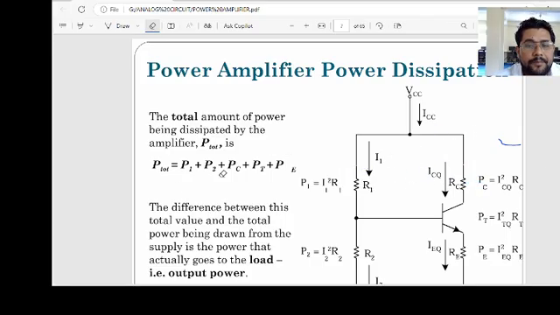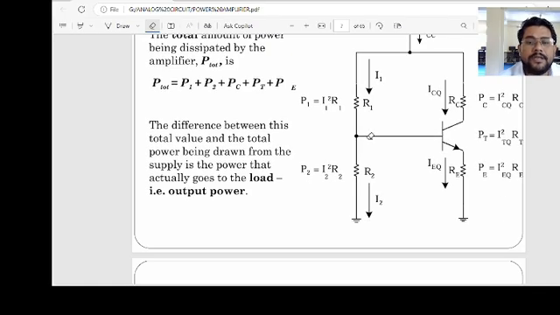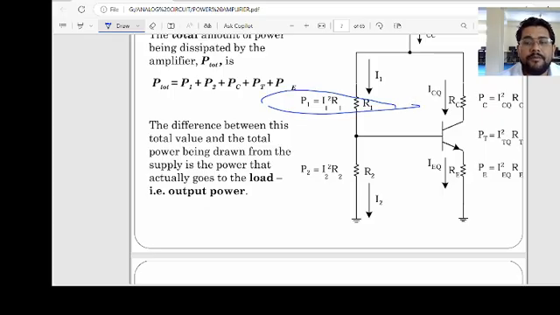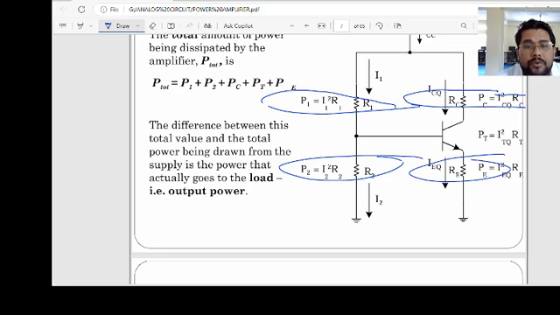Suppose P1 is here, where the current is going. Here power is distributed as P1, and here the power distributed is PC, the load current. All the resistances have distributed power, so we add the total power, including the emitter transistor power.